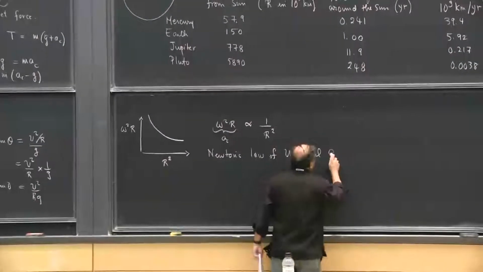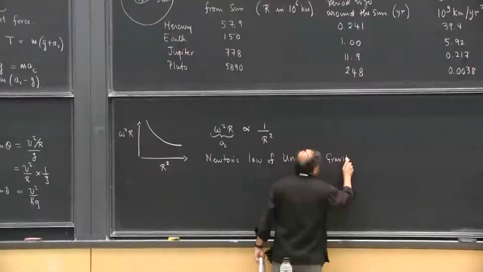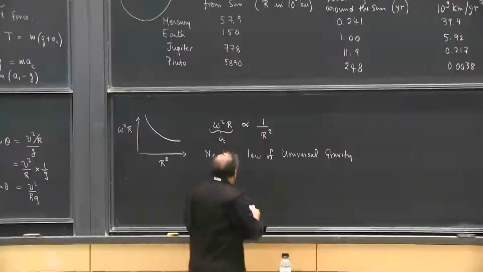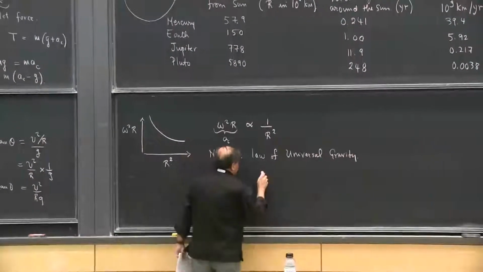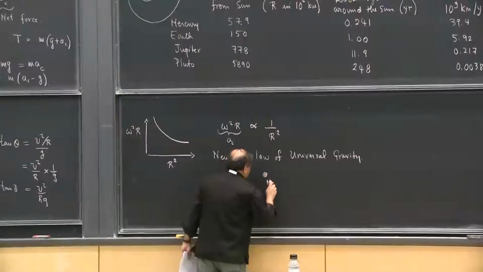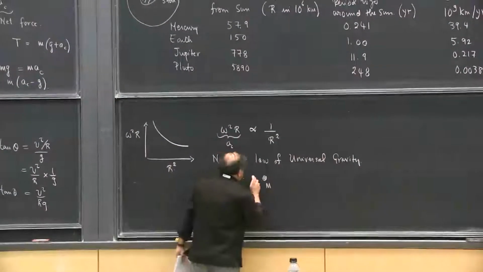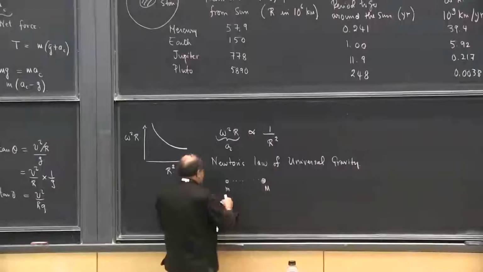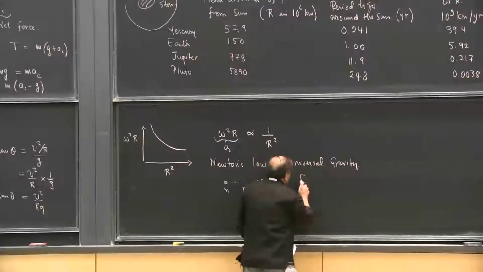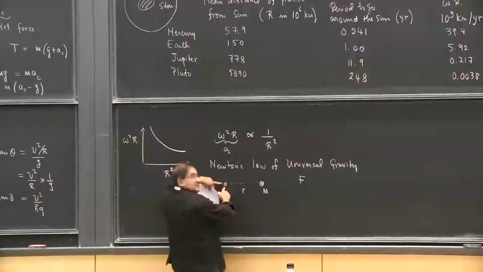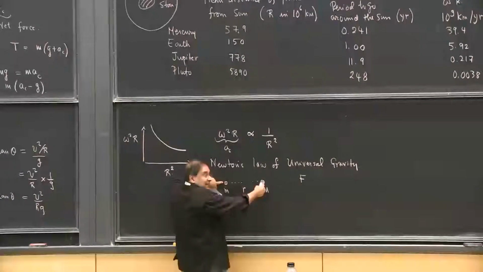Newton's law of universal gravity basically tells us that if you have two masses, suppose a small mass m here, and some other mass, big M here, at some distance apart, let's say small r, then this mass will attract that mass.